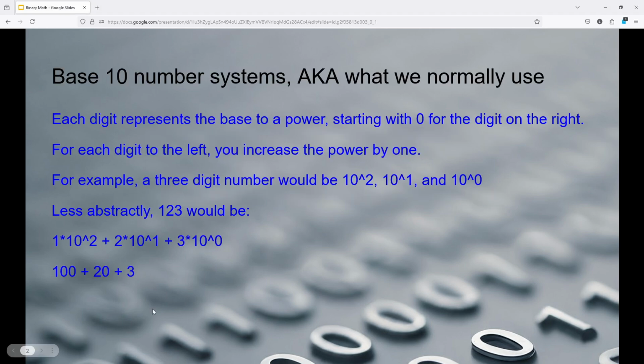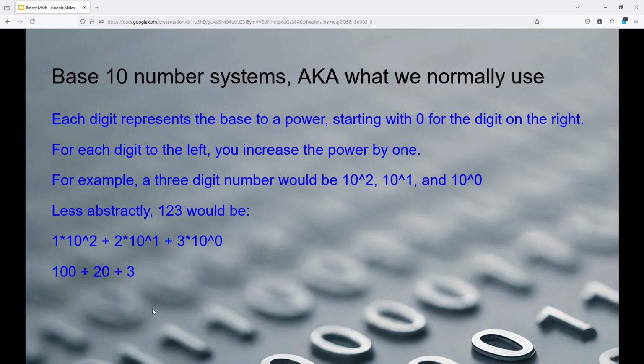First of all, let's talk about number-based systems and start off with base 10 and converting base 10 to base 10, since we use base 10 number systems all the time. We understand them fairly intuitively. When we're thinking of base systems, each digit of a number represents the base to a power, starting with 0 for the digit on the right.